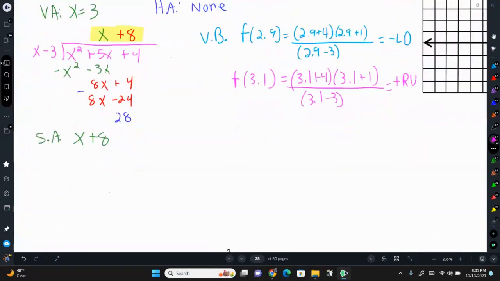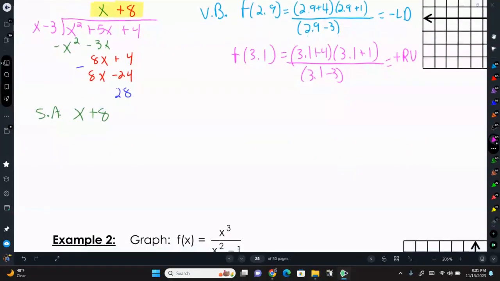The last thing we have to do is our end behavior. So we have to first evaluate the slant asymptote at negative 1,000. Negative 1,000 plus 8 is negative 992.